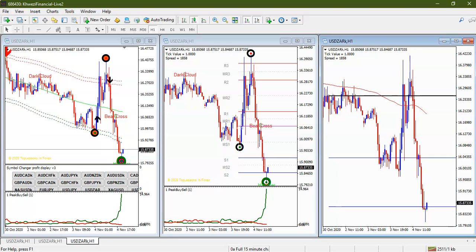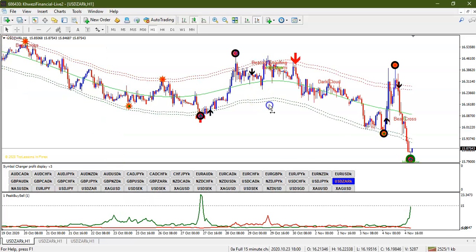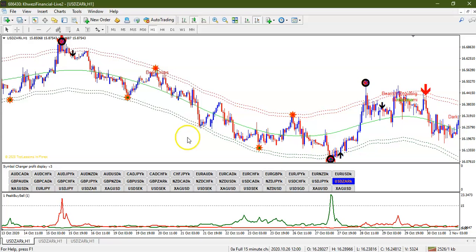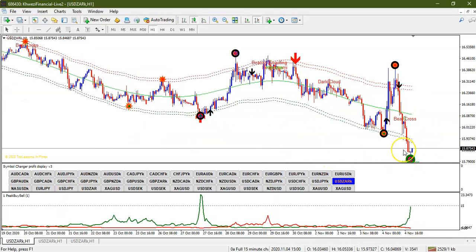So this one looks proper. It looks like you can actually buy now, but I know it's going down. But this is a true formation of this system. It's telling us to buy, and I can see there's volume that's starting to go up. So it will be interesting to see on Friday what's going to happen when they release their positions on ZAR.